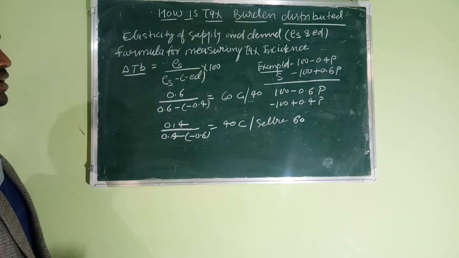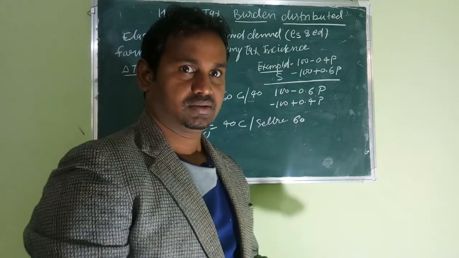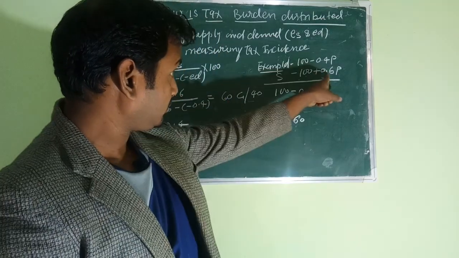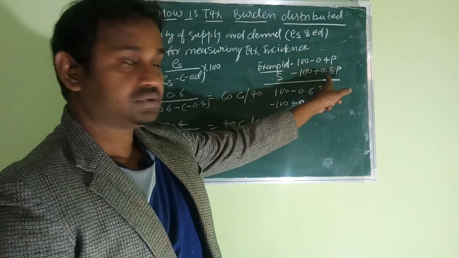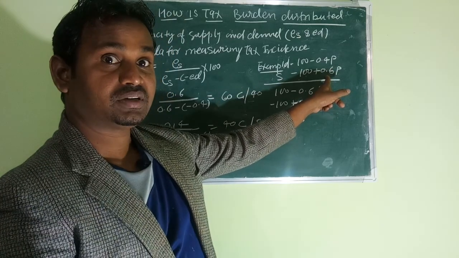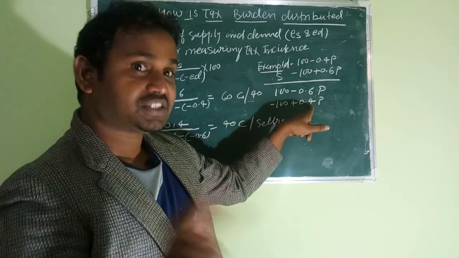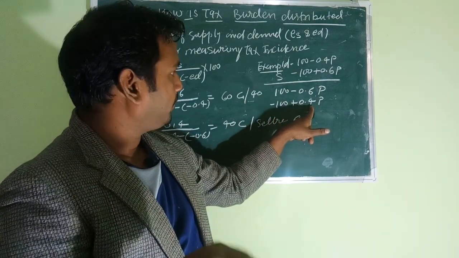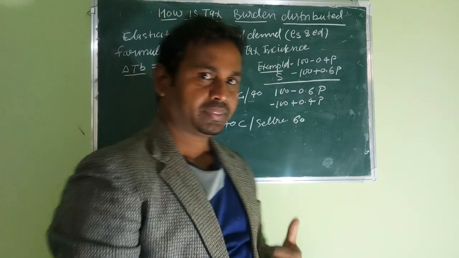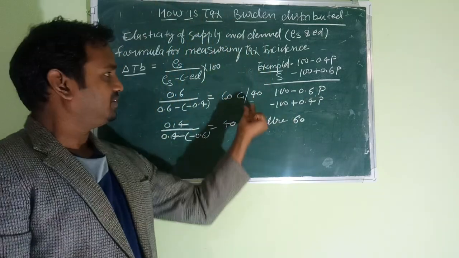It means if supply is more elastic, then the maximum share is paid by the consumer. Or if supply is less elastic, then the tax share is paid by the seller.